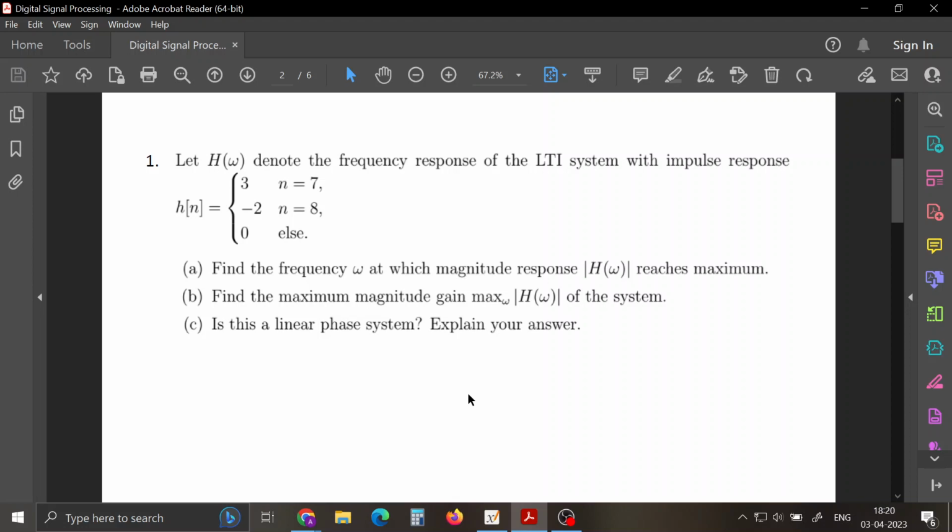In part B we need to find the maximum magnitude gain, that is, what is that maximum value of the magnitude response? And in part C we need to check if this system is a linear phase system or not, and we have to justify and explain our answer. I hope the question is clear to you.